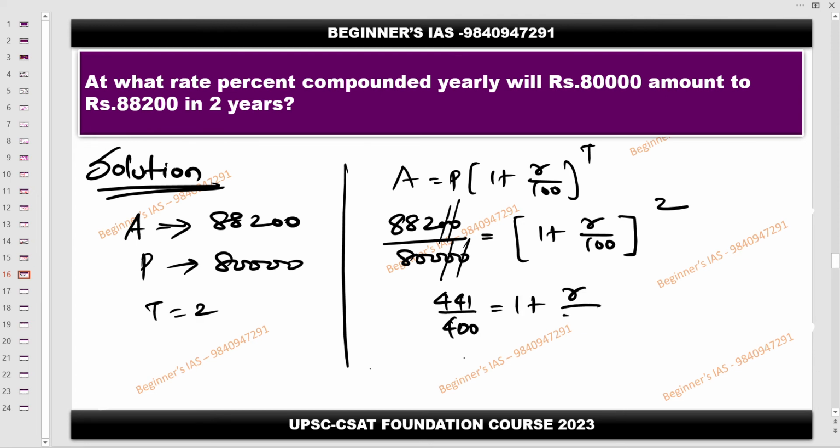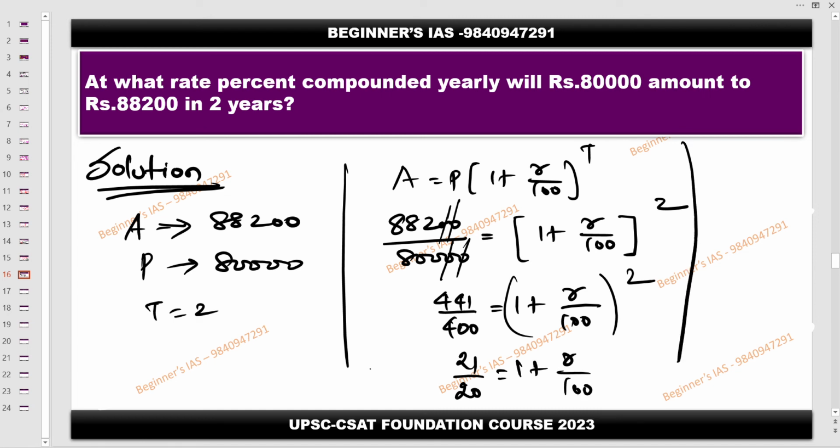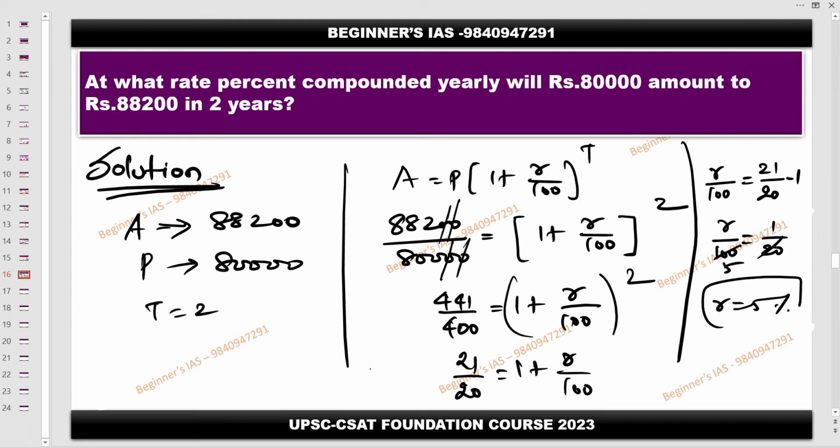Taking square root, it will become 21 by 20, which is equal to 1 plus R by 100. Then R by 100 is equal to 21 by 20 minus 1, so therefore 1 by 20. Cross multiply, R is equal to 5%.